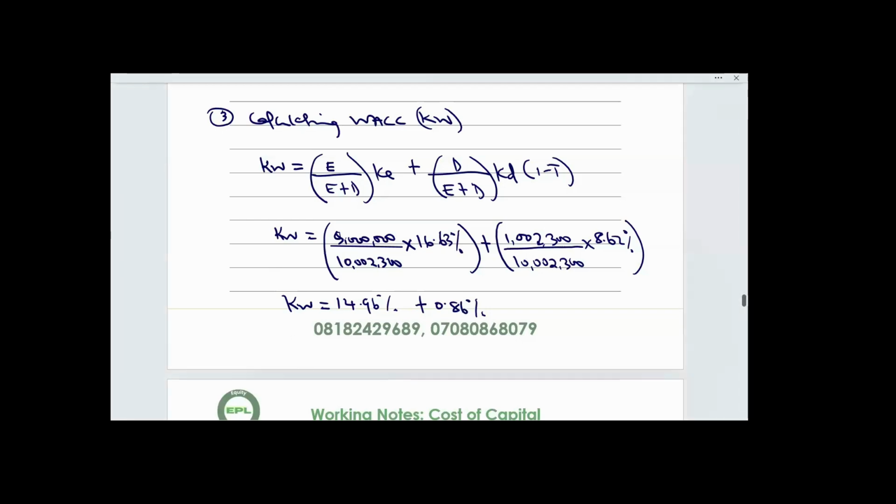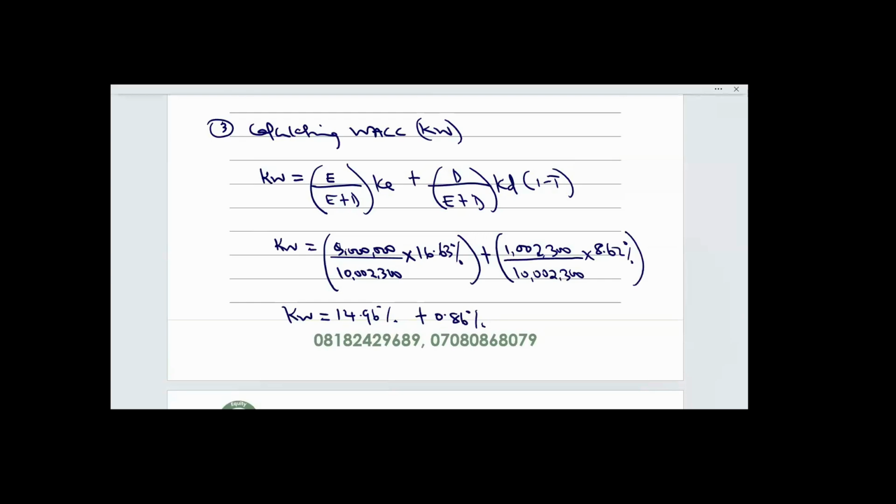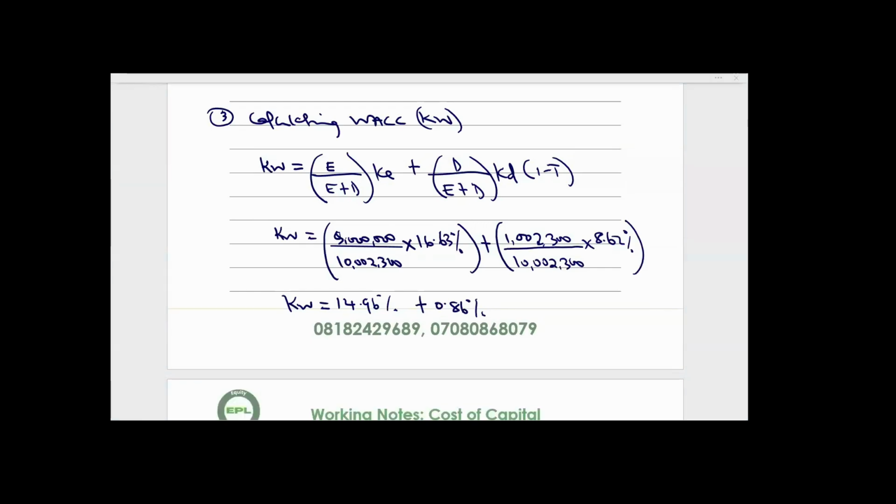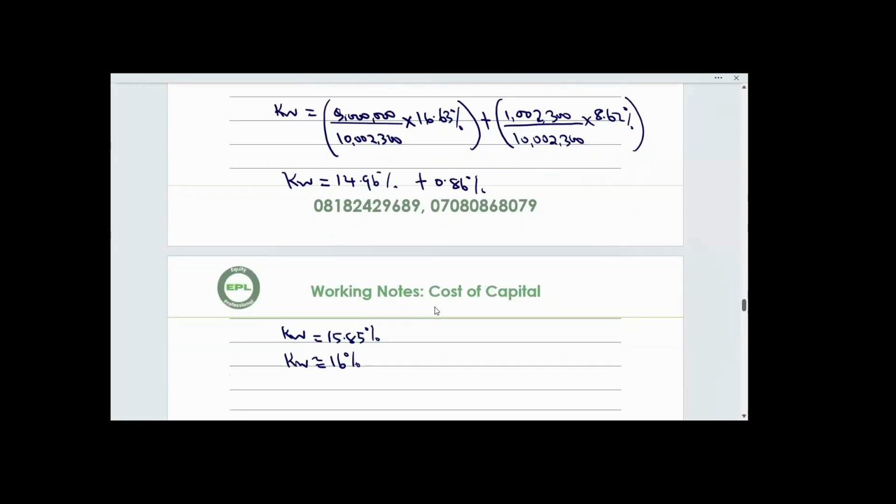So 0.86 plus 14.96 equal to 15.82. All right, thank you. 15.82 is the final answer, approximately 16.